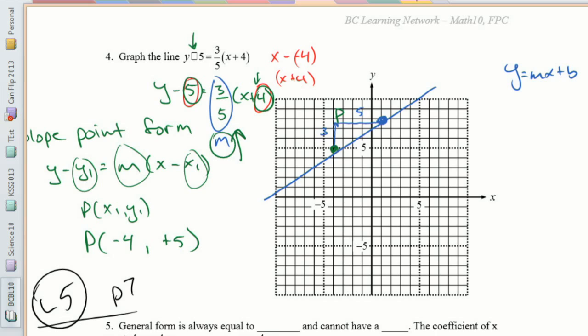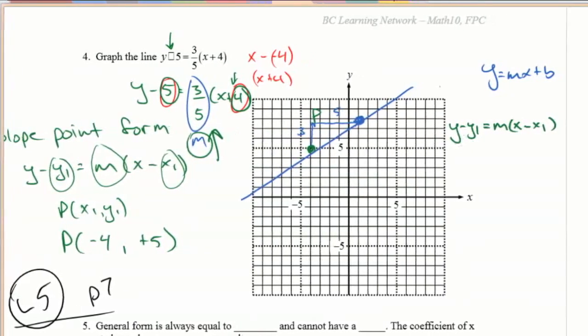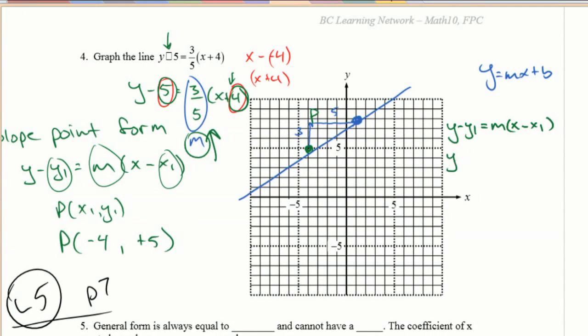So if it says x plus 4, because the general slope point form looks like y minus y1 is equal to m, x minus x1, your equation needs to be in that same form. So if I get y minus something and m x minus something, what is that something going to be?